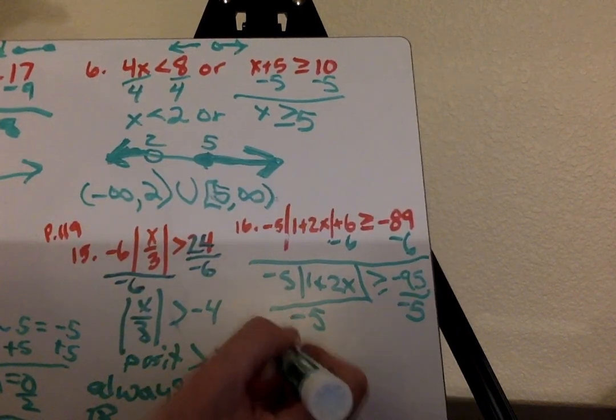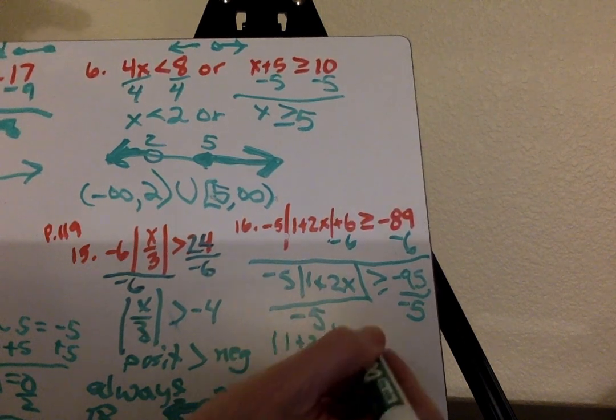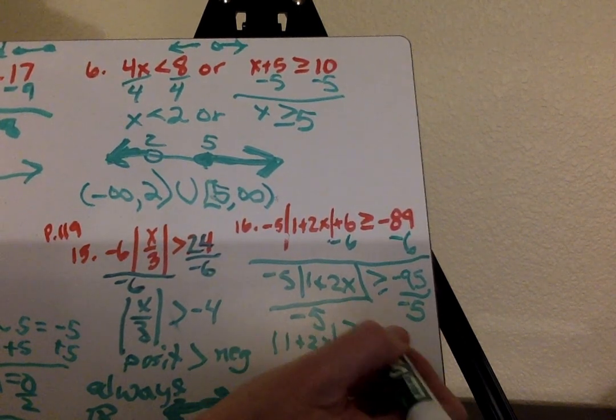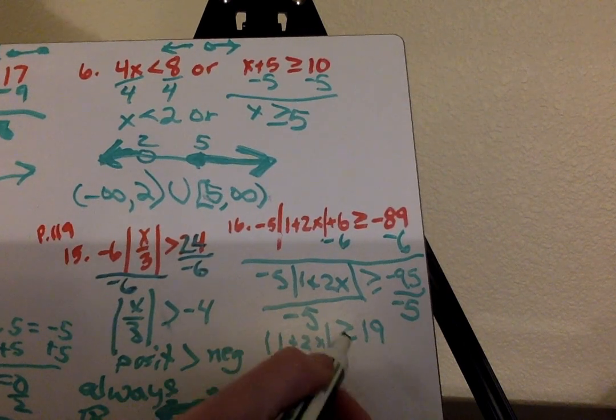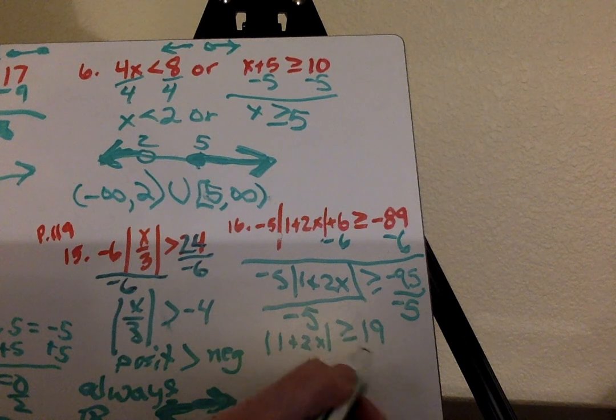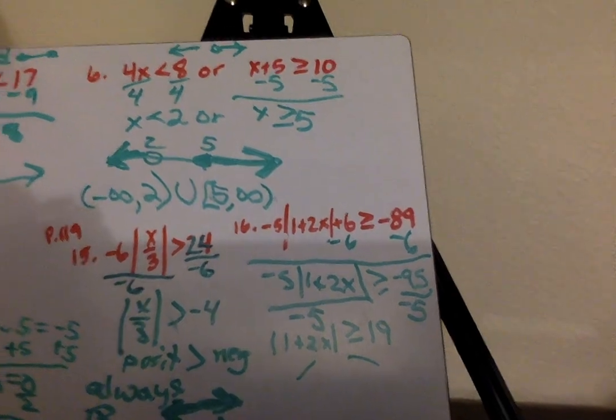That gives us absolute value of 1 plus 2x, absolute value is greater than or equal to, I believe that's 19. Okay, now we look at this. This is going to be positive. This is going to be some answers because that's positive as well. Now we can make our two equations.